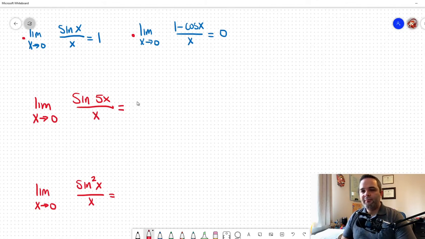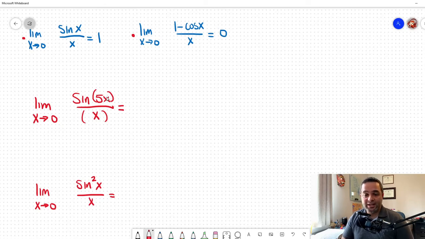The first thing you want to remember is that the x is a variable. X can represent anything. So when I look at this chunk right here, it would be really nice if this bottom part was exactly the same as this, because what this is telling me is that sine of something over that same something, as we go to 0, is equal to 1.